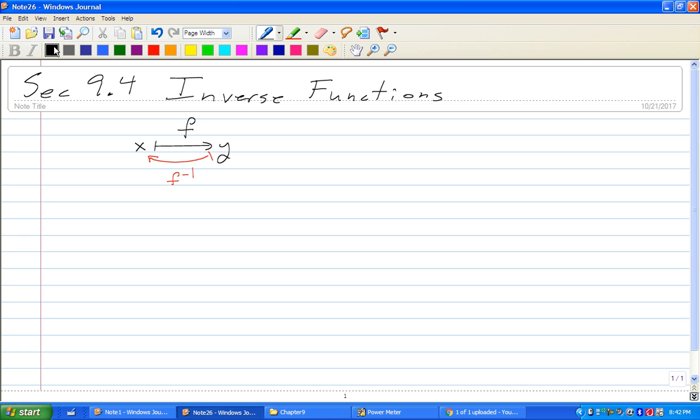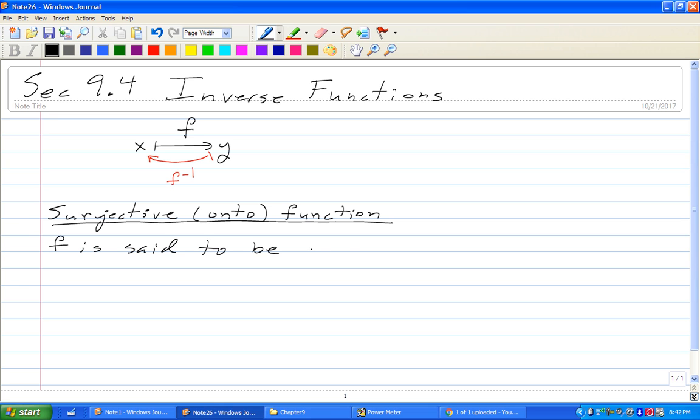So first off, let me define a surjective, sometimes called an onto, function. F is said to be a surjective, onto function if the range of f is the same as the codomain of f.